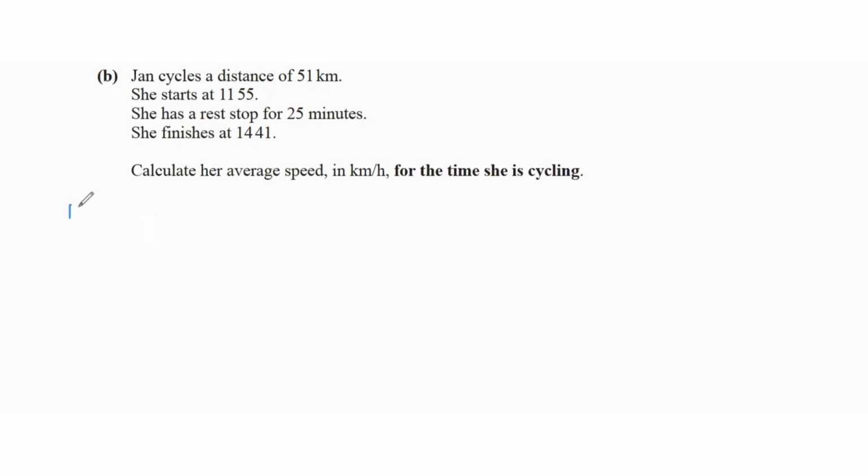So we start at 11:55, then we go to 12:55, 13:55, then we go to 14:41. So that's 1 hour, another 1 hour. So between 13:55 and 14:41, we have 46 minutes.